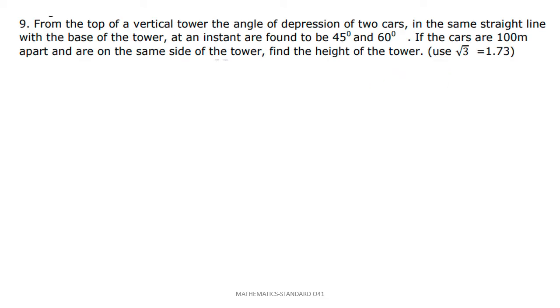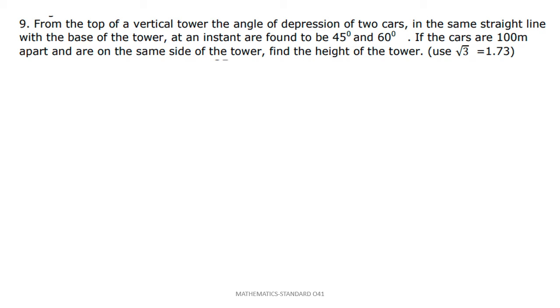Now the next question. From the top of a vertical tower, the angles of depression of two cars in the same straight line with the base of the tower at an instant are found to be 45 degrees and 60 degrees.